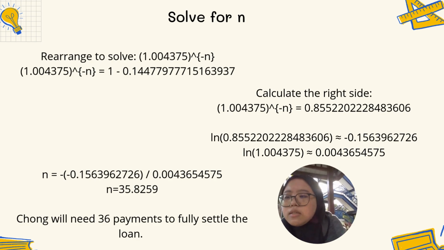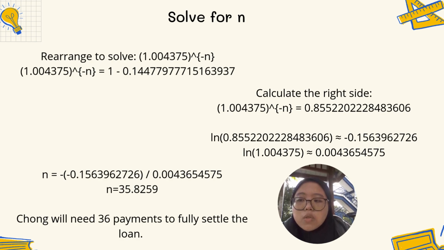Next is n equals in bracket negative 0.153 closing bracket divided by 0.0043654575, and the n that we will get is 35.8259.